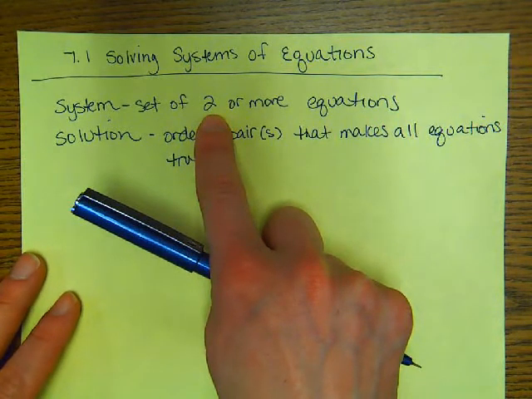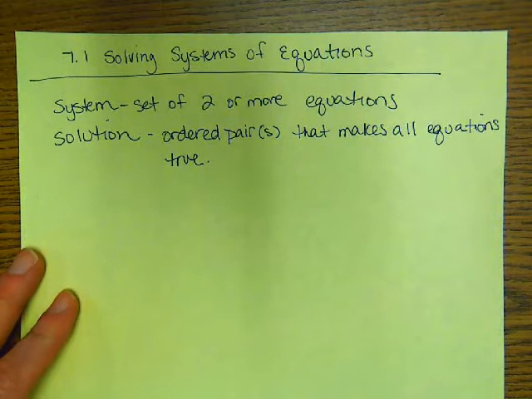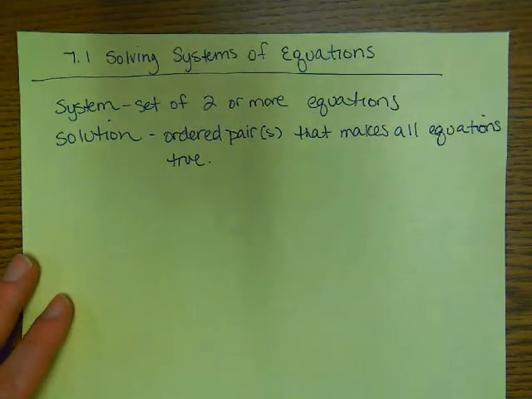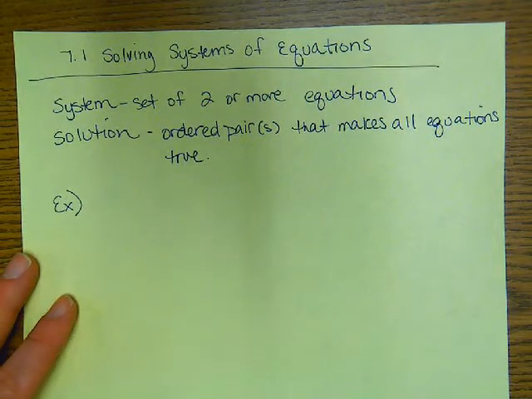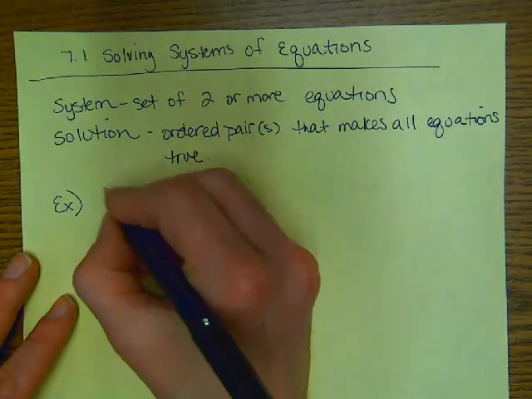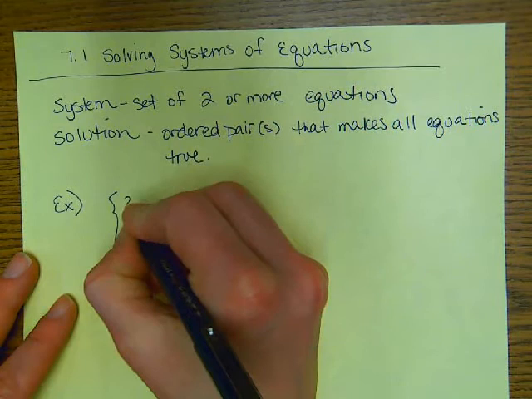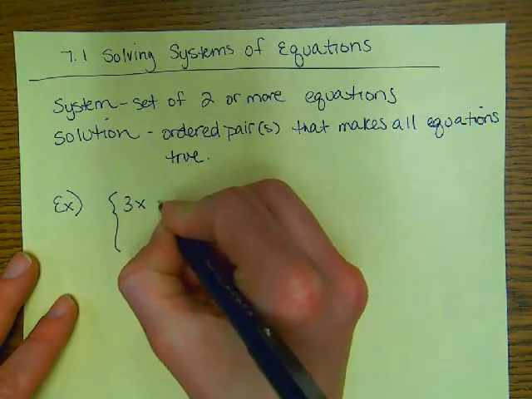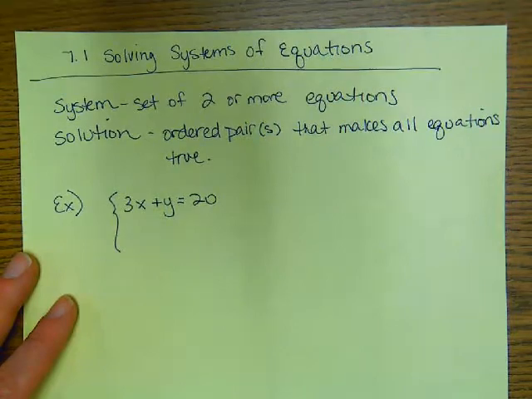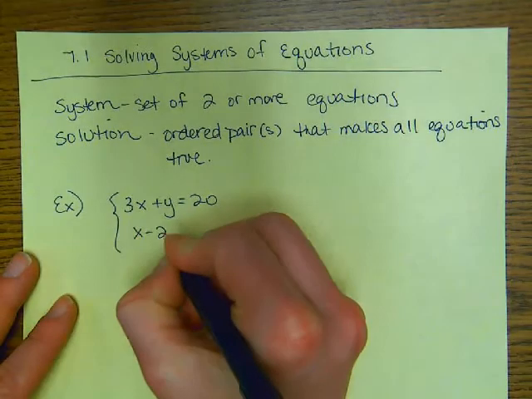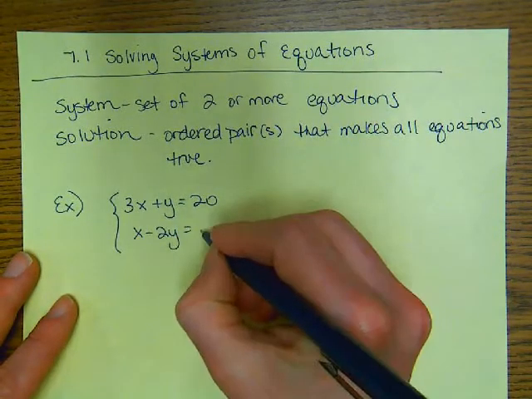And we can use something called substitution or elimination, but I'm going to do one example where I find the solution by using substitution. So if I have the system 3x plus y equals 20, and x minus 2y equals 10.